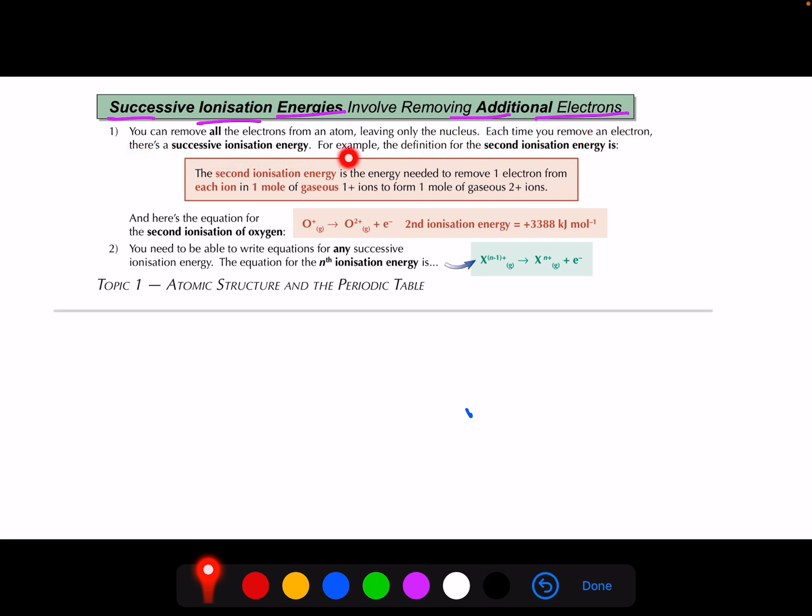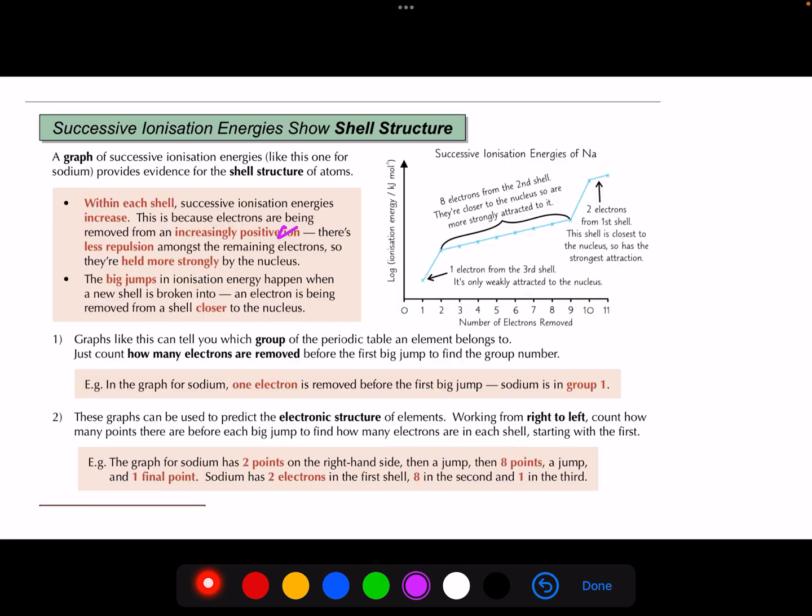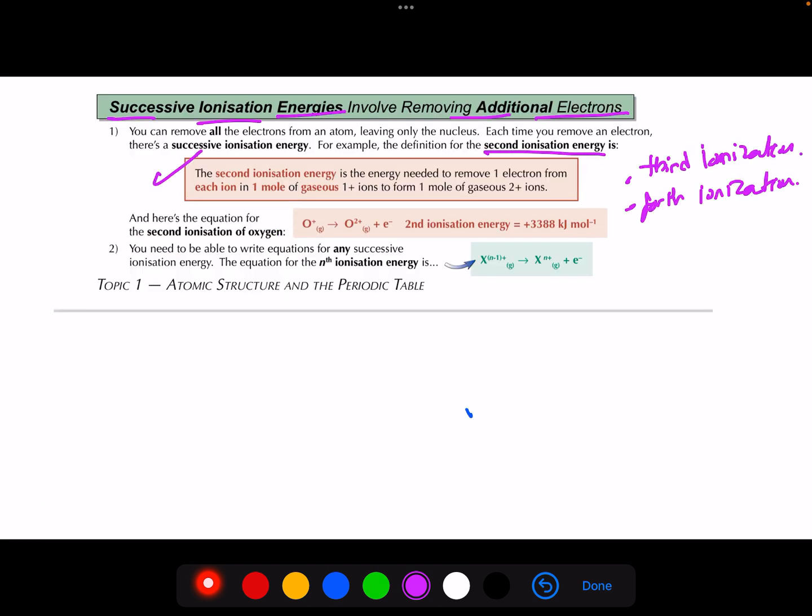For example, they may ask you again for a definition and equation, just like how we did with the first ionization energy, but they can ask you to define the second ionization energy, or the third, or the fourth, and so on. They may ask you for a definition, they may ask you for an equation. Okay, so let's go through both.